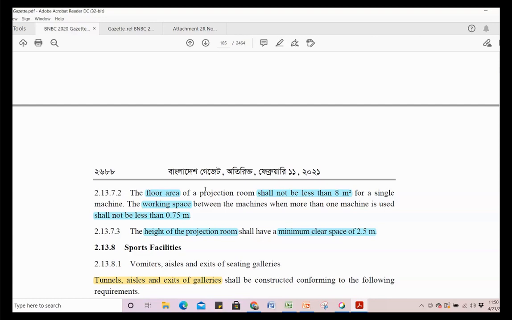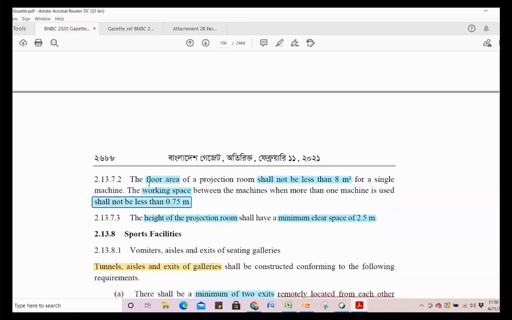The floor area of a projection room shall not be less than 8 square meters for a single machine. The working space between the machines when more than one machine is used shall not be less than 0.75 meter. So it is about the area specification of the projection room.